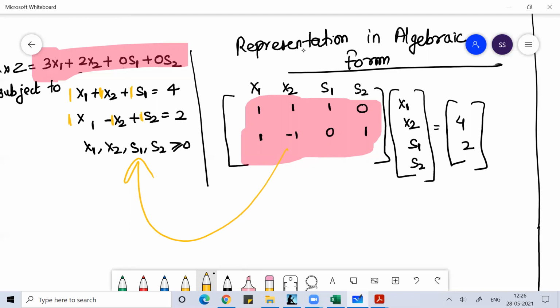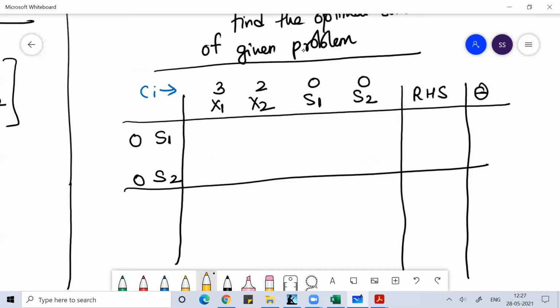So I'll write them here: X1 is 1, X2 is 1, S1 is 1, there's no S2 in the first equation. Then X1 is 1, X2 is -1, S1 is 0, and S2 is 1. The RHS are 4 and 2. So this is what is given in the problem.